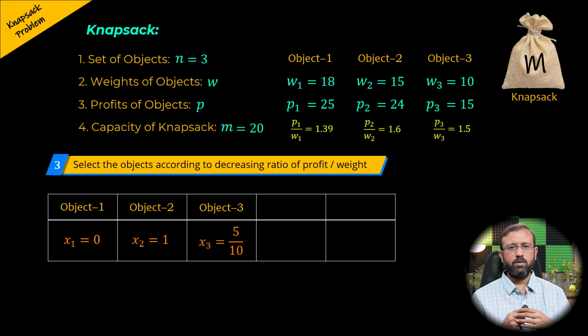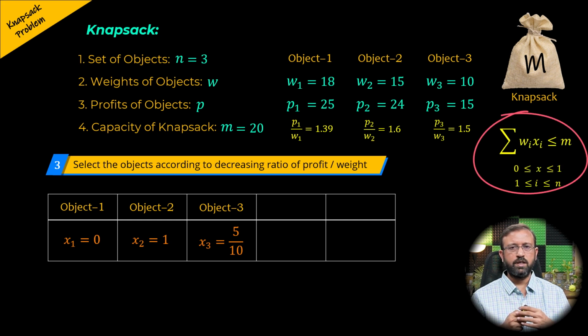Now, this solution should satisfy the constraint, that is the summation of the product of weights w and fractions x must be less than or equal to the capacity M of the knapsack. If the solution x1, x2, x3 satisfies this constraint, then the solution is feasible.